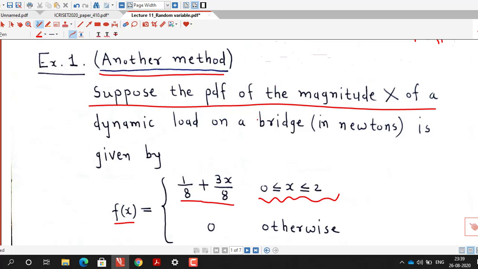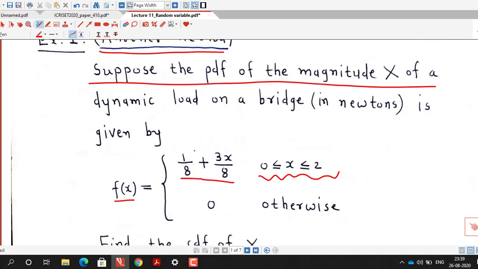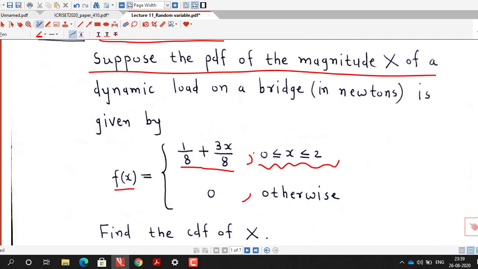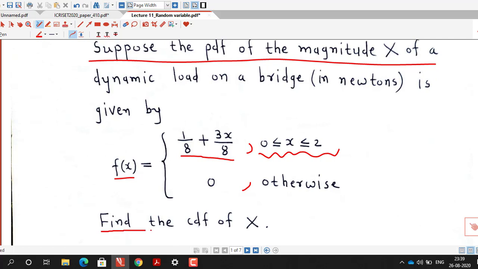Suppose the PDF is given by fx equal to 1 by 8 plus 3x by 8 if x lies between 0 and 2, otherwise it is 0. We have to find the distribution function of the random variable capital X whose PDF is given by fx.